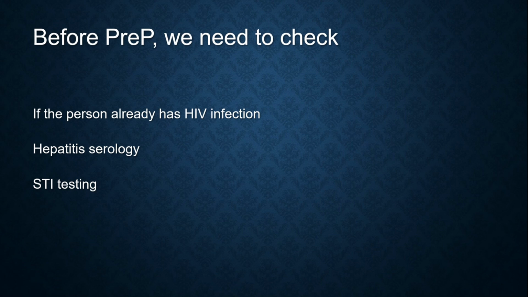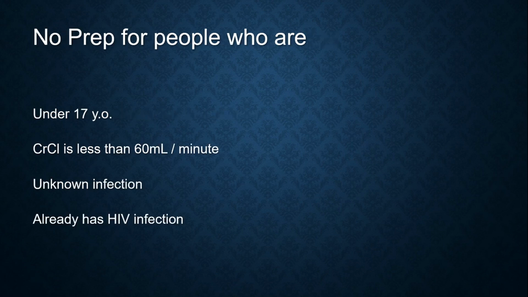We need to check hepatitis serology and sexually transmitted infection testing. Because if the person already has HIV infection, then we do not use 2 drugs, we use 3 drugs, which is PEP, not PrEP. We don't give PrEP to people who are under 70 years old, or whose creatinine clearance is less than 60 milliliters per minute, or people who have an unknown infection, or people who already have HIV infection.